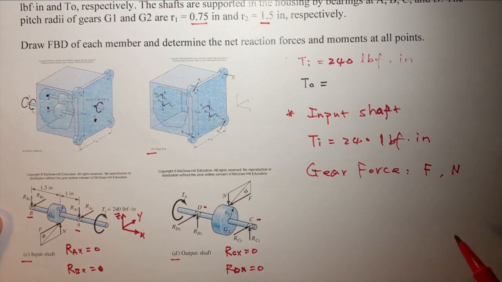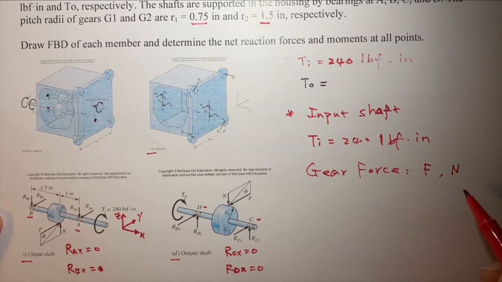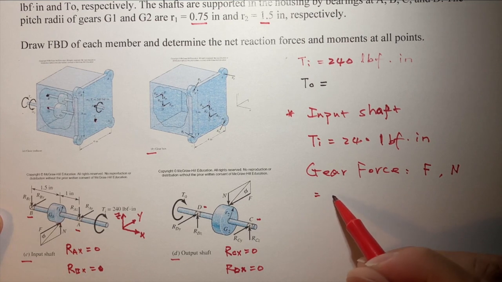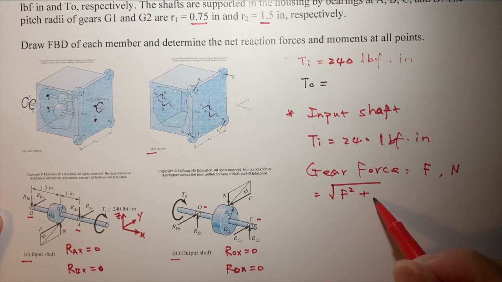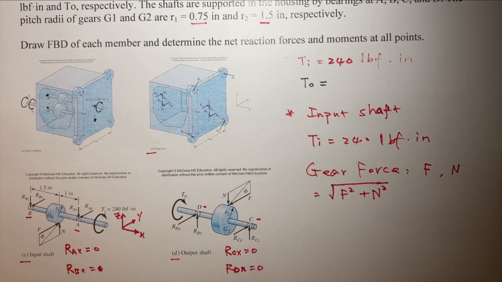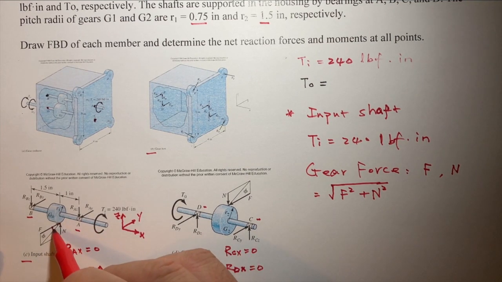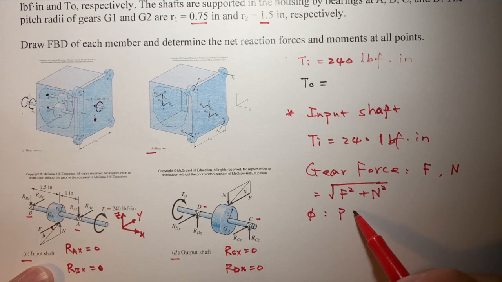So the gear force is the resultant of the tangential force F and the radial force N. So the gear force basically equals the square root of F squared plus N squared. And this angle we call phi. Phi is the pressure angle.